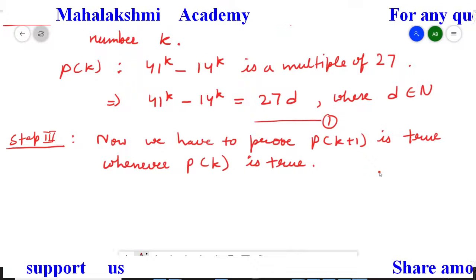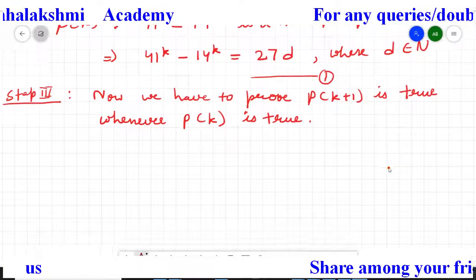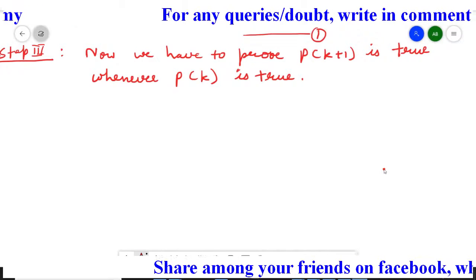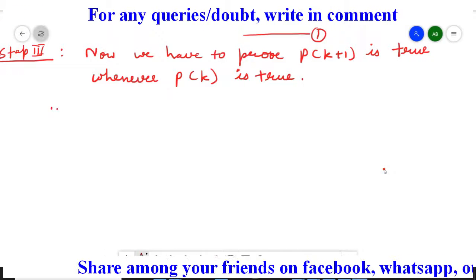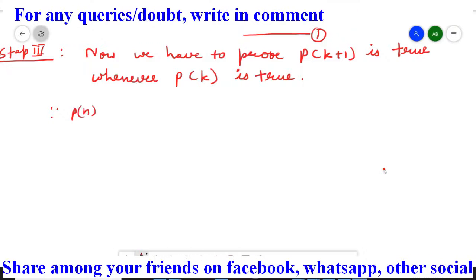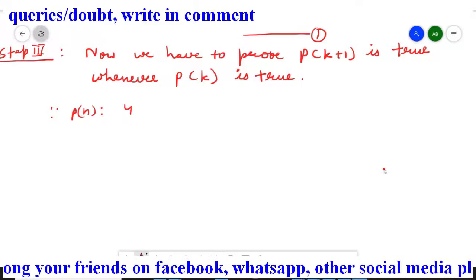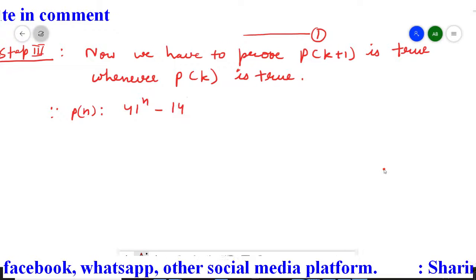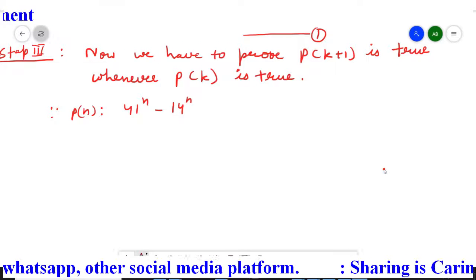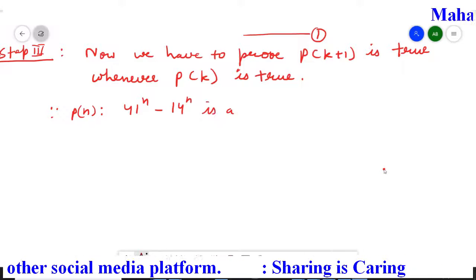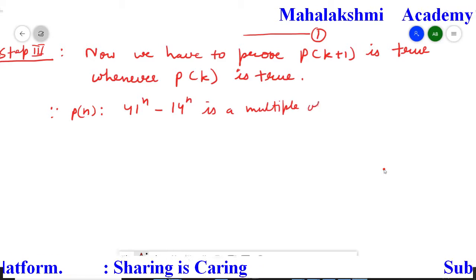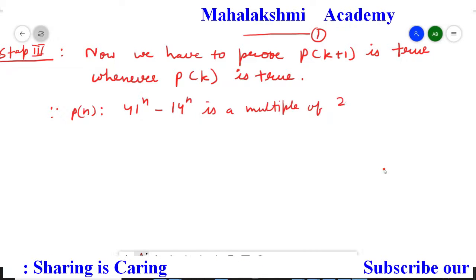So firstly, in our given statement, instead of n, we have to replace it by k plus 1. So we write here: since the Pn statement, I am writing the question here again, 41 raised power n minus 14 raised power n is a multiple of 27.